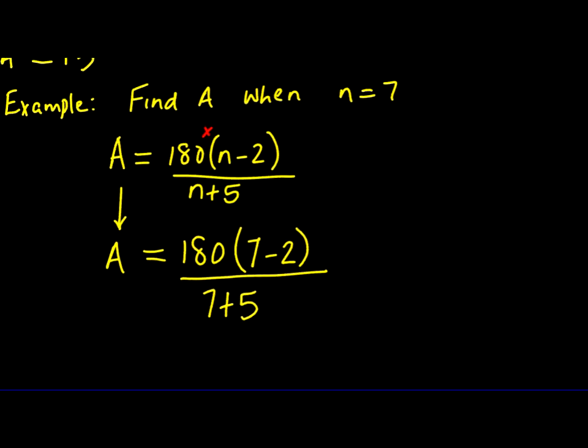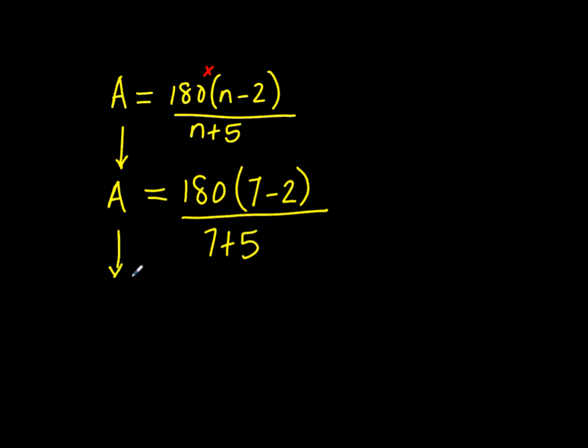So what does that give us? If I bring this down, A equals 180 times, well, 7 minus 2 is 5. Remember, there's an invisible times before the bracket, over 7 plus 5, which is 12, which is equal to 180 times 5.